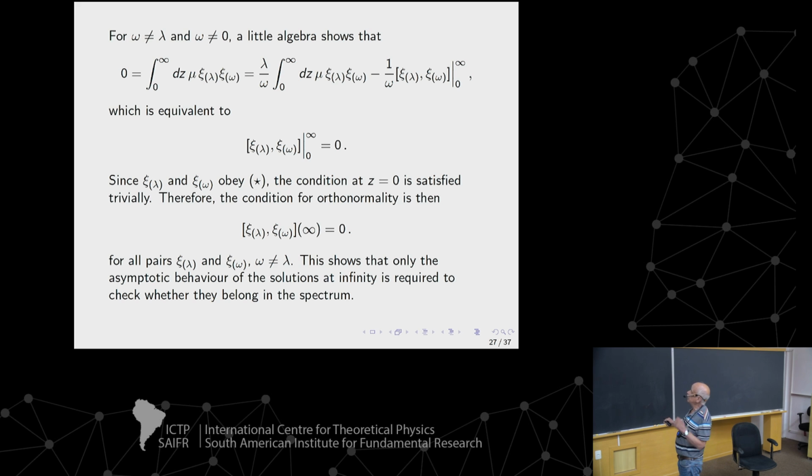And if those solutions obey the star condition on the previous slide, then the condition at z equals 0 is satisfied trivially. So the condition for orthonormality just involves the condition at infinity, for all pairs of eigenfunctions with unequal eigenvalues, one of them not equal to 0. So only the asymptotic behavior of solutions at infinity is required to check whether they belong in the spectrum.